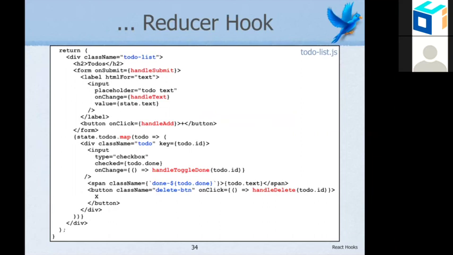Then I'm looping through all of the to-dos and creating a div with a class name of to-do for each of those. And each of those has a checkbox for toggling whether it's done. I'm displaying the text of the to-do with a CSS class that will either be done-true or done-false. When it's done-true, my CSS says that I should draw a line through it. And then we have an X button that you can click to delete it.